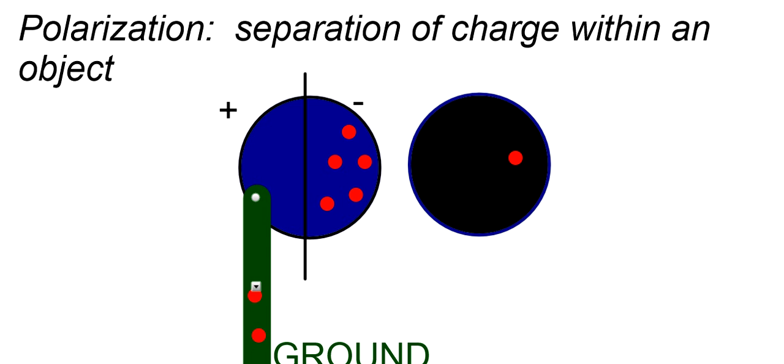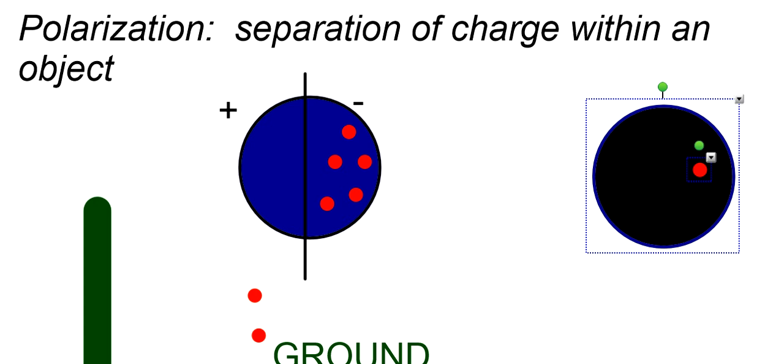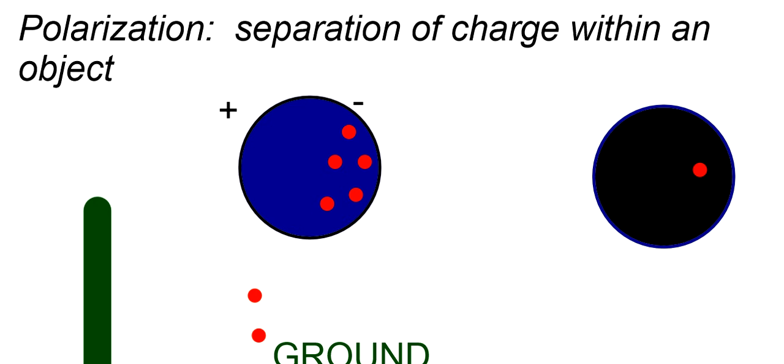Then when I remove the ground and take this object away, these electrons have no desire to be in the middle anymore, and they just want to be spread out. And so now I've created a negatively charged object from a positively charged object.